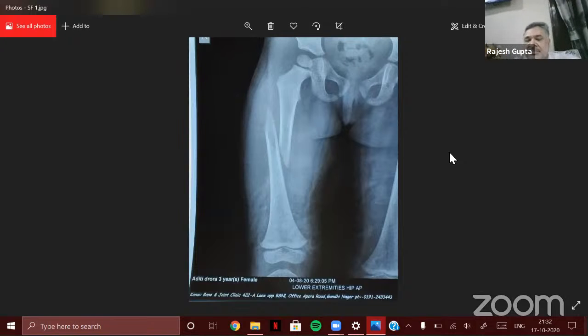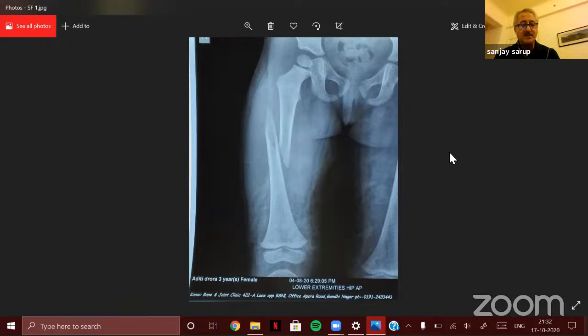If it is a small baby, you can give gallows traction. If it is an older kid, you must flex the knee and give a flexed-knee traction over a pillow or something, whatever is suitable in your environment. But when you give traction, it's usually a skin traction, so you must be very careful with the skin under the below-knee traction.